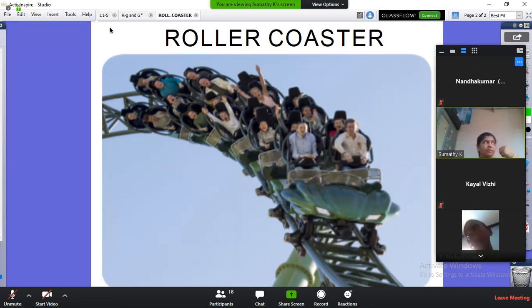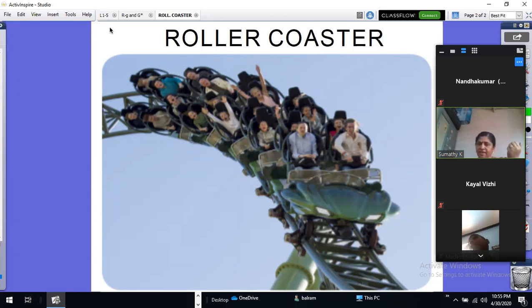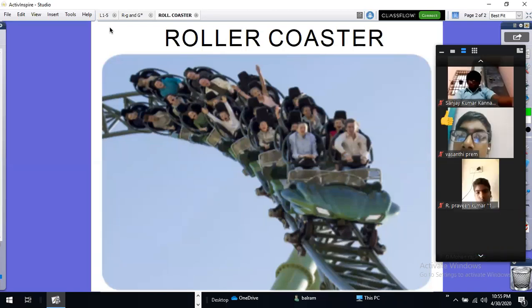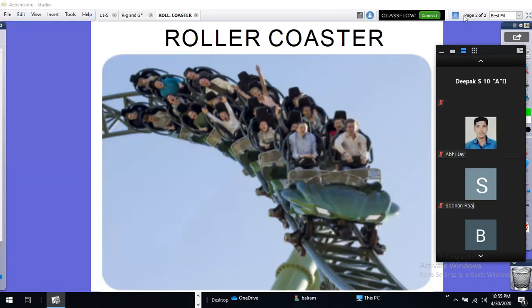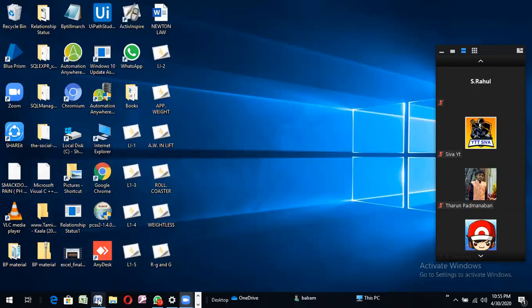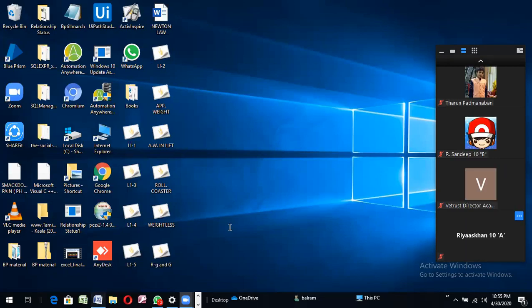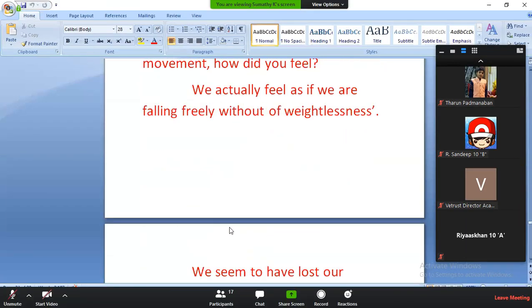We feel the weight freely. Our weight will be less. Why? Because of the momentum. So in the roller coaster, we feel free because of weightlessness.